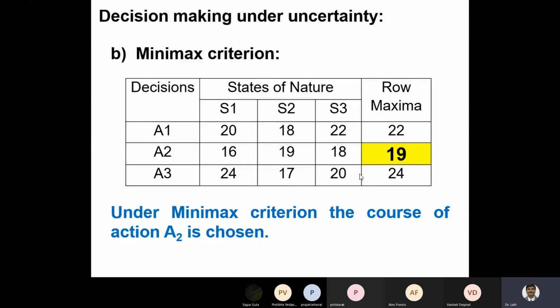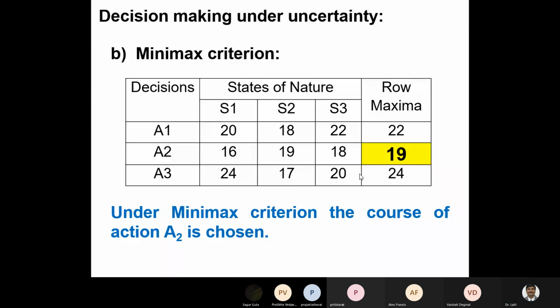So under this criteria, the course of action A2 should be selected. Now, if the given payoff matrix is a profit matrix or revenue matrix, then this criteria can be used with a little modification.